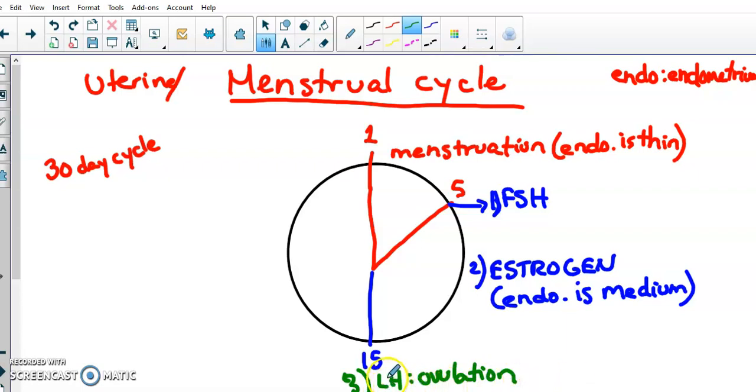As soon as LH has done its job and the egg is now out into the fallopian tube, the uterus needs to start getting ready even more, preparing for that Prince Charming, the sperm. So we're going to do that one, let's say in blue. This is the fourth hormone in here, progesterone.